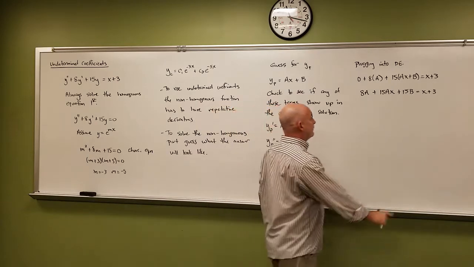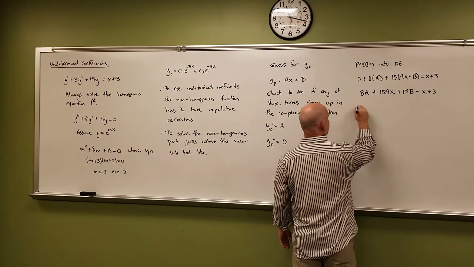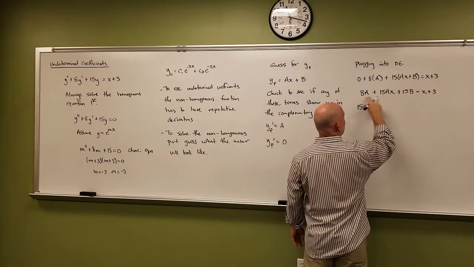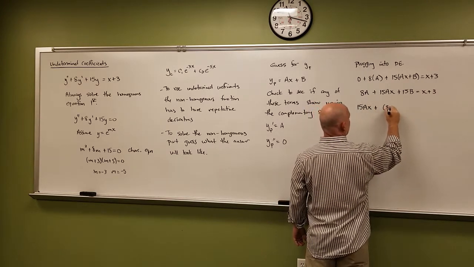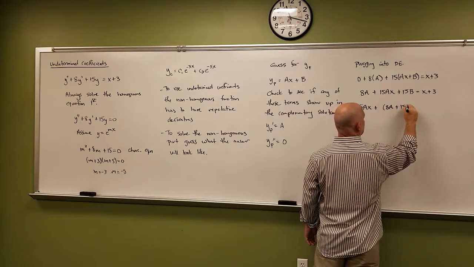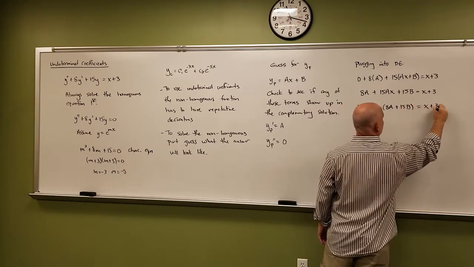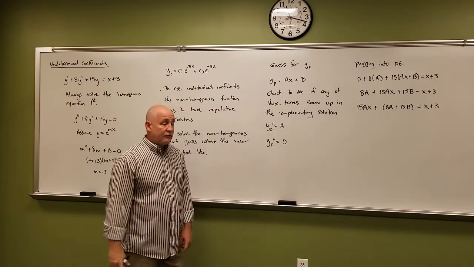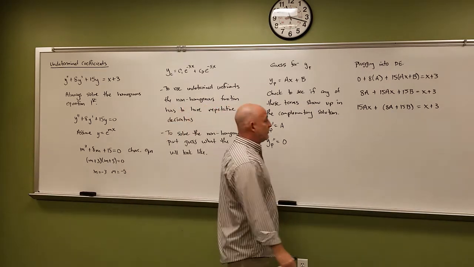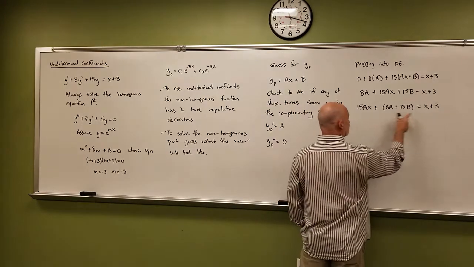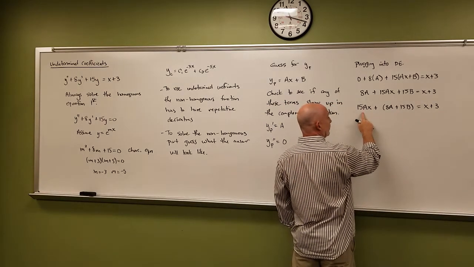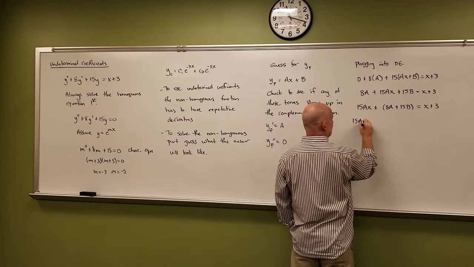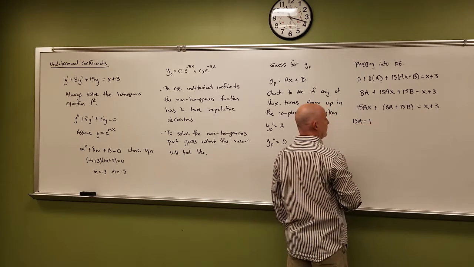Notice this is a polynomial, so I have x terms, 15ax, and then the 8a and 15b are numbers, so that's 8a plus 15b is equal to x plus 3. Now we're going to do what's called equating coefficients. For two things to be equal, the coefficients have to be the same. So the number in front of x on this side has to be the number in front of x on that side. So 15a has to be equal to 1.